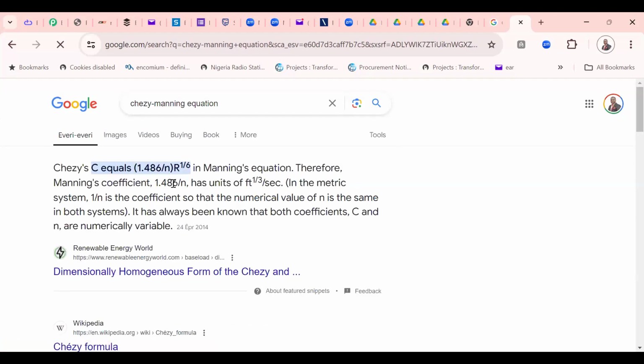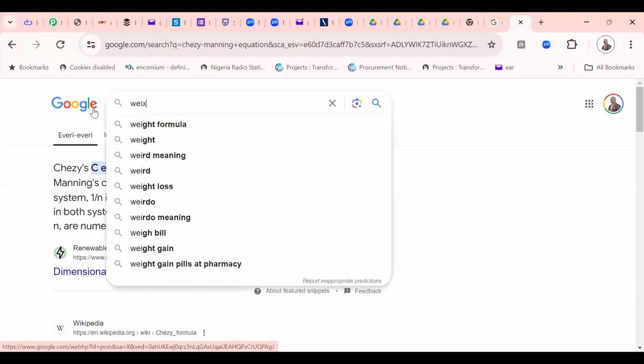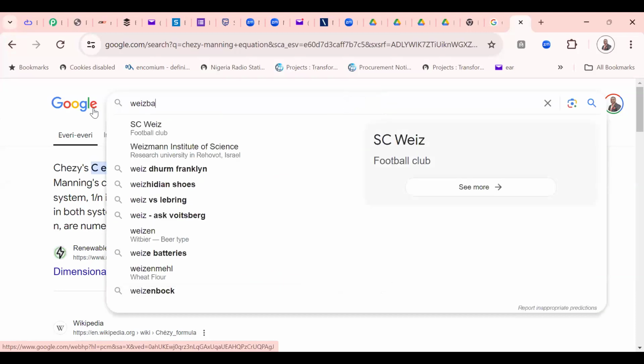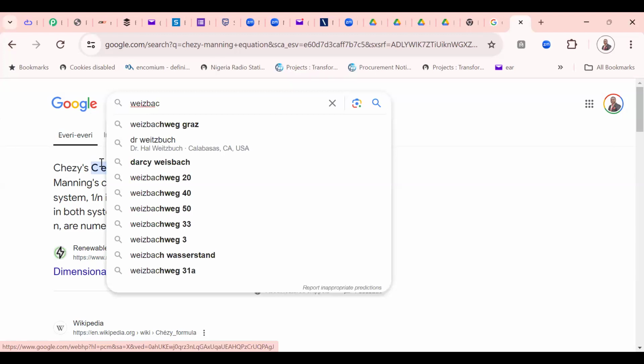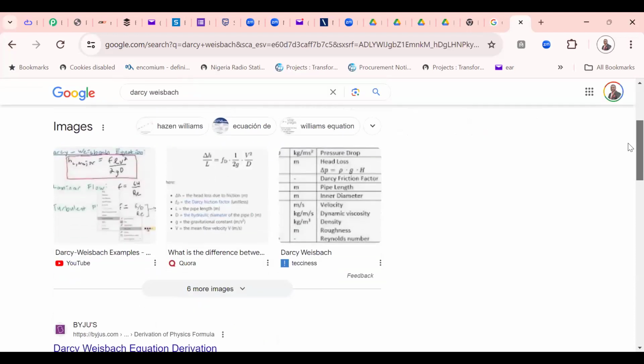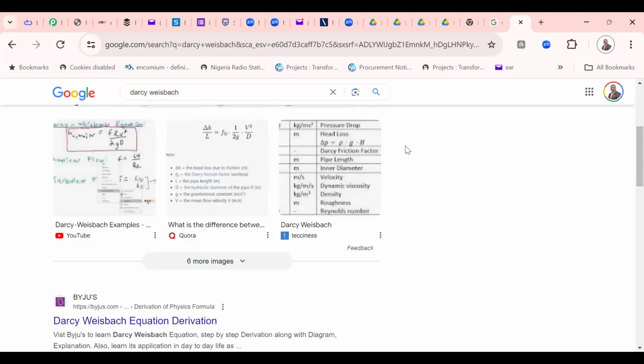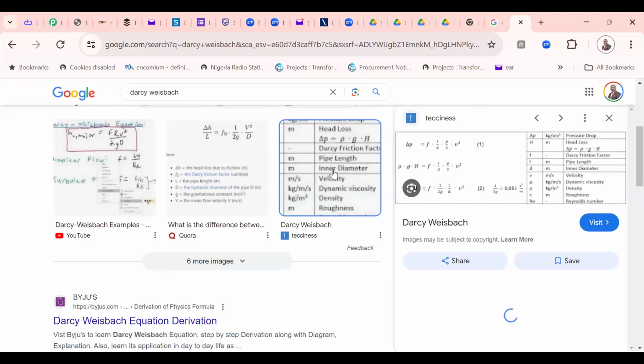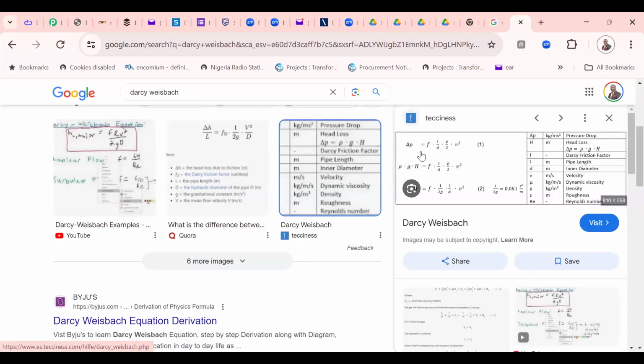Then if I search Darcy-Weisbach, that's the Weisbach formula. Look at it. To get the pressure, all these things, we were going to do them anyway.